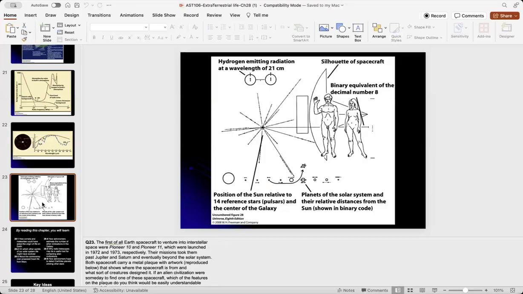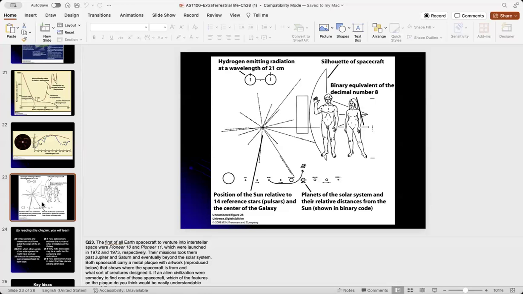Some of the Pioneer spacecrafts that we have sent, they contain these gold plated discs with several pieces of information about our civilization, about our Earth's location with respect to the surrounding stars, etc., etc. These were sent in a hope that if an alien civilization will find it, then they will contact us.